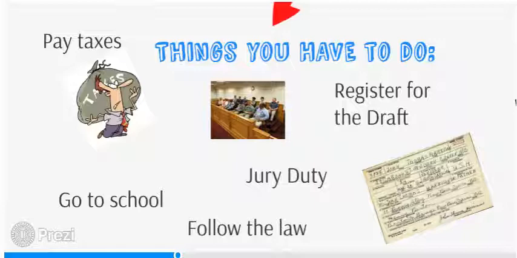When you turn 18 years old, any male person living inside of the United States gets a letter in the mail with their name on it and has to register for the draft. The formal name for this is the selective service. All right, this is when you get called up to do military service. All right, you also have to do jury duty.